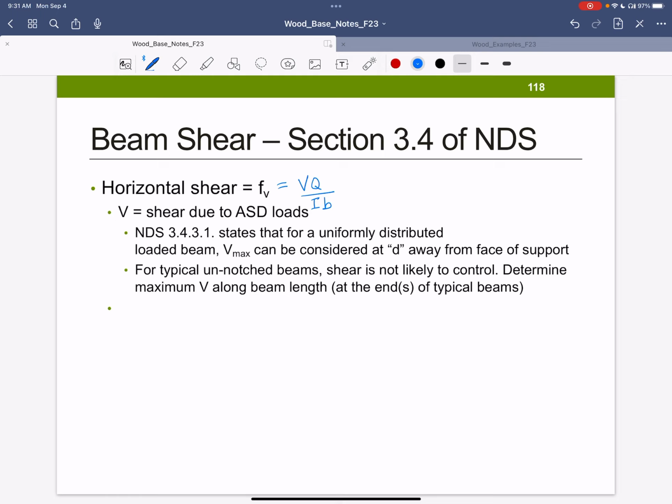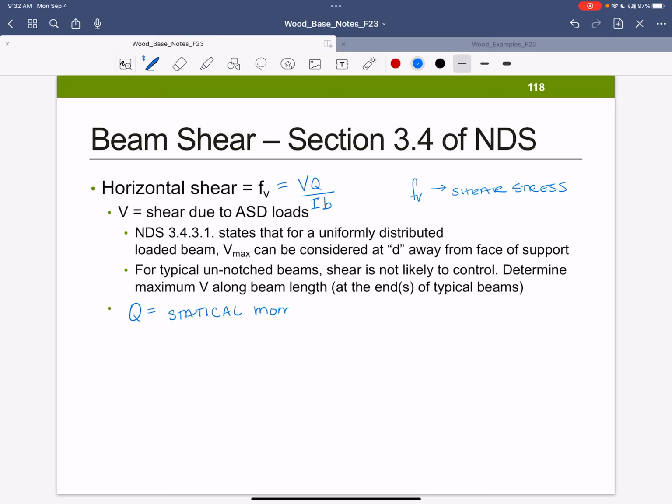So, this is shear stress, and the little f means it's on the demand side. Q is the static moment of inertia. I think some places call it statical.